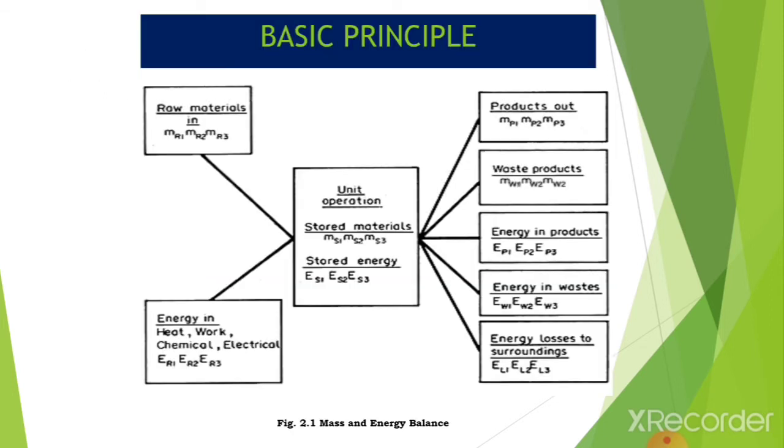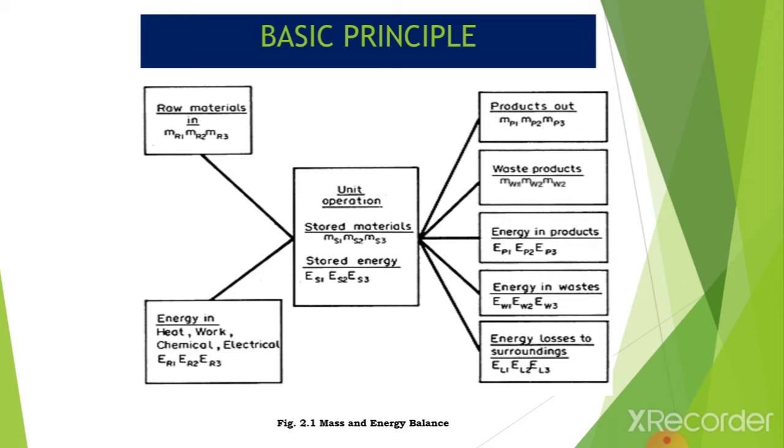Now, basic principle of material and energy balance. So this diagram shows the basic principle. So at the left side of this particular diagram, there are two boxes, that is raw material and energy in. At the center there is a box which shows the process.